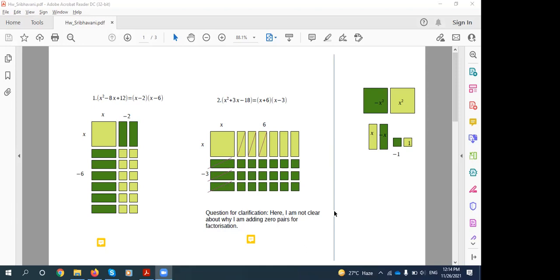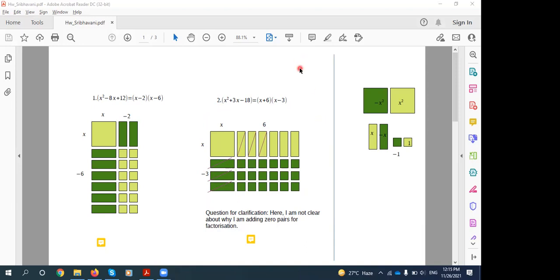Yeah. So that is one thing. Without using the zero pairs, there is no way for you to complete this whole rectangle. Because you have to make this rectangle with these 4 different zones, and that's impossible.